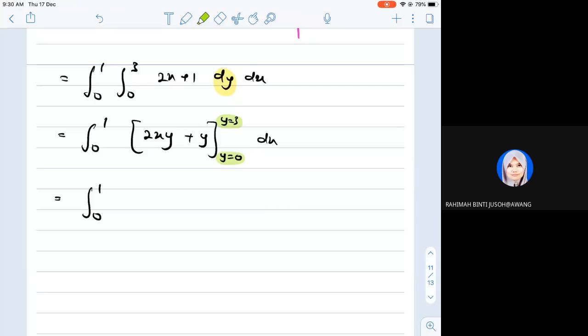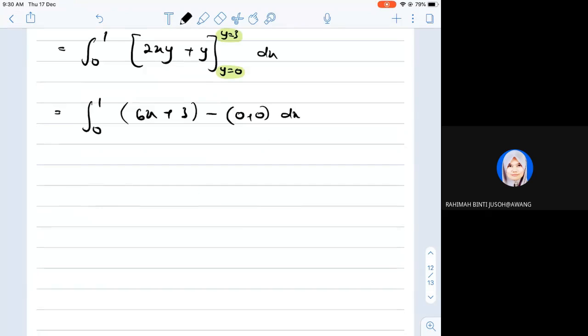If you don't write it, it's okay. If you are already an expert, you don't need to write it. But if you still get confused, you should write it so that you know, oh, substitute for y, don't substitute for x. Okay. So now 2xy, y equals 3. So 6x plus 3 minus, substitute 0, plus 0 dx.